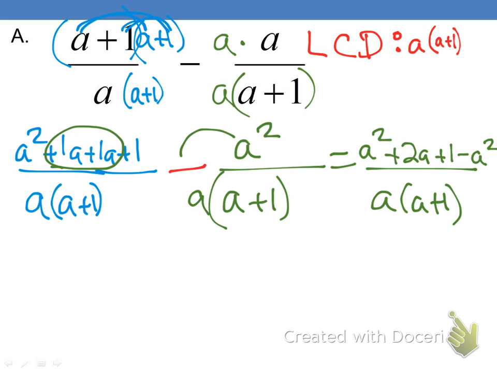Now we can combine like terms. What are my like terms? A squared minus A squared, which gives me no A squareds, right? 0 A squared, so you don't need to write it. But I do have 2A plus 1 over A times A plus 1.